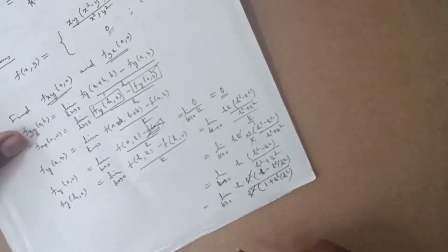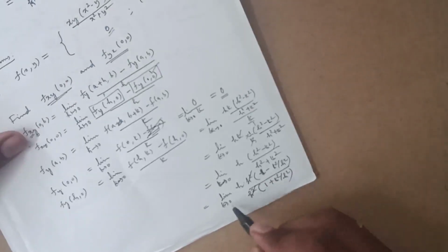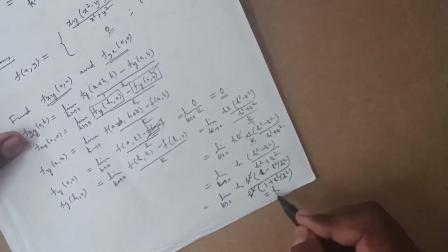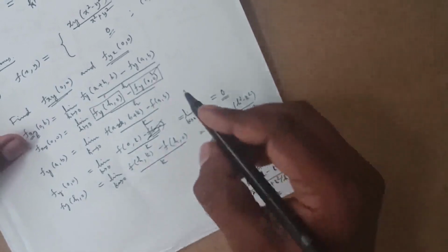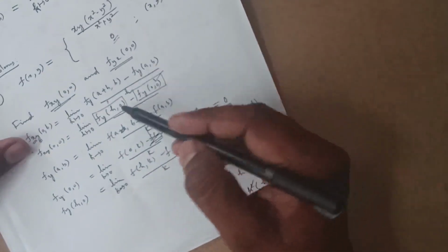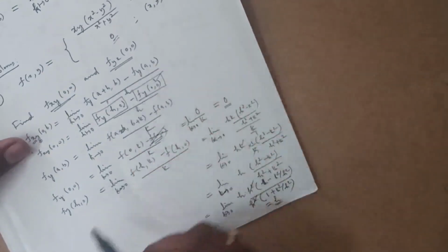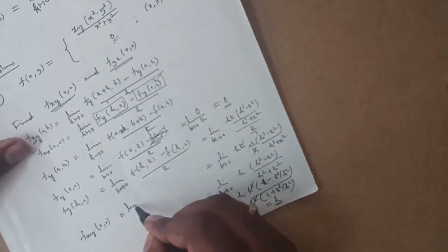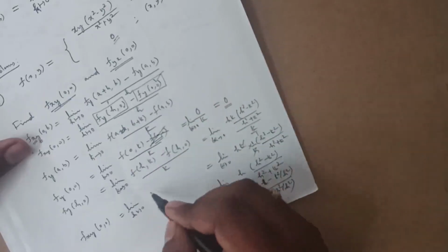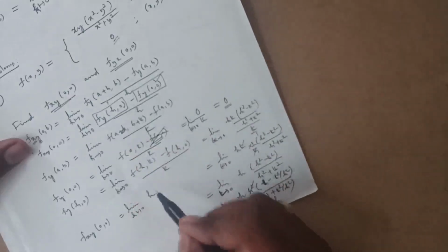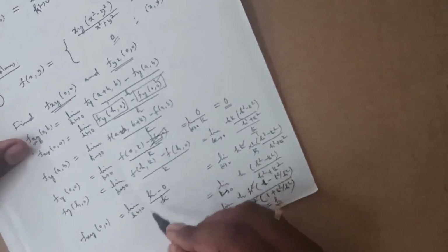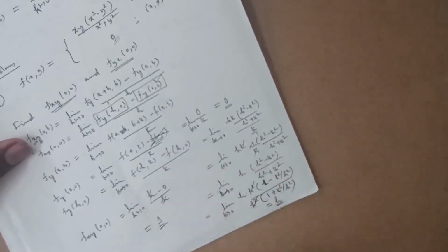So h square and h square will cancel. As k tends to 0, this is 1 minus 0 and 1 plus 0. So this is 0 and this is h. So what will happen to your fyx of 0 comma 0 as the limit as h tending to 0? This is h, and this is 0, minus 0, by h. So it will be 1.